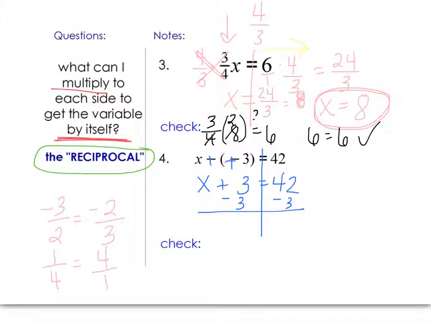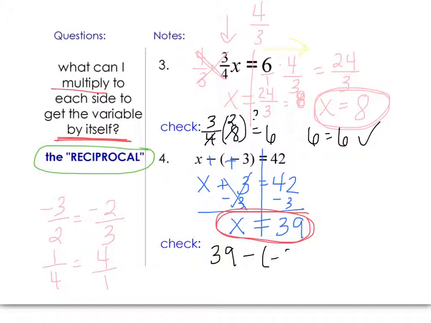I can subtract 3 from both sides. So x equals 39. If I want to check it, I can do 39 minus negative 3 equals 42. 39 plus 3? 42 equals 42.